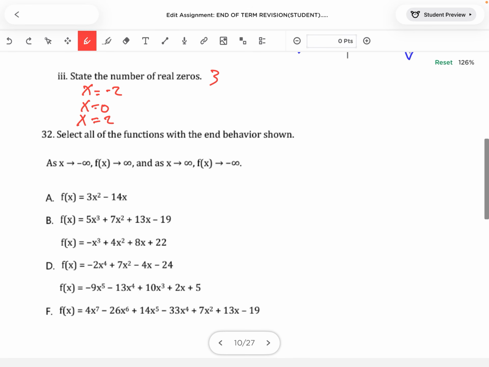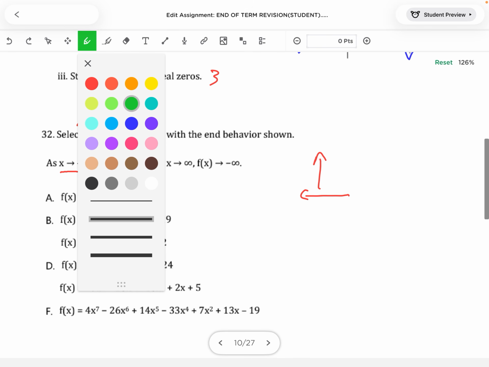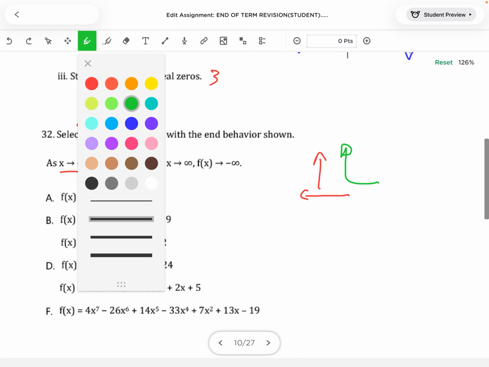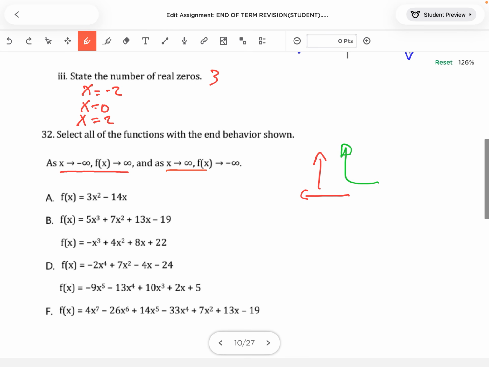As x goes to negative infinity, the function goes to infinity. If I'm going left, the function is going up. So the graph so far is coming like this, going up. And when we are going right, the function is moving down.